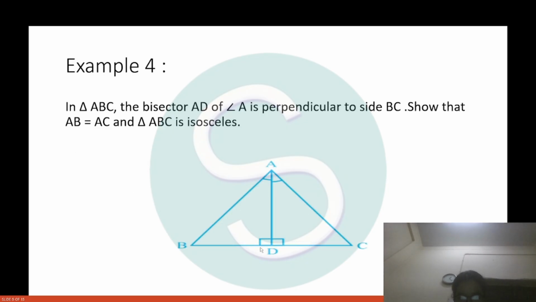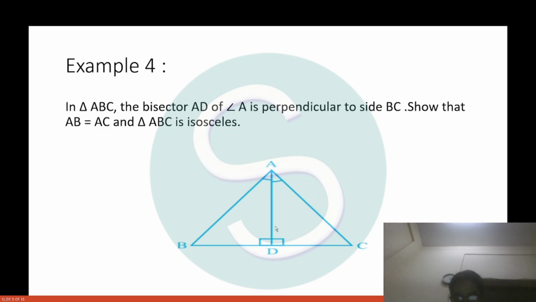In triangle ABD and triangle ACD, we have AD as a common side, and angles BAD and CAD are equal, as it is given in the question that AD bisects the angle A. So this is the common side, these two angles are equal, and this is also perpendicular, right? So angles ADB and ADC are 90 degrees.